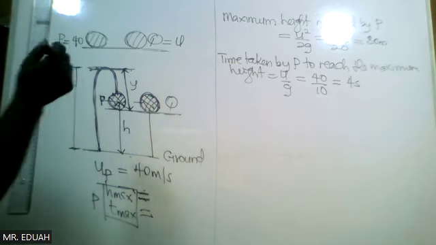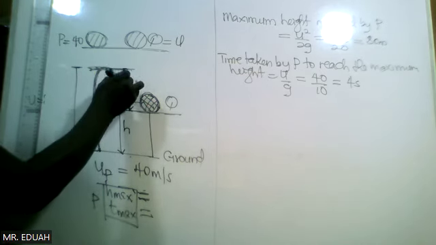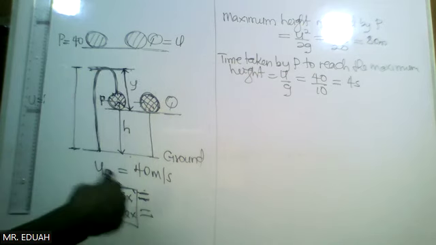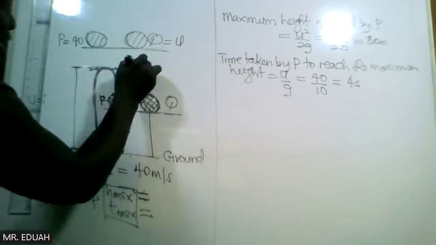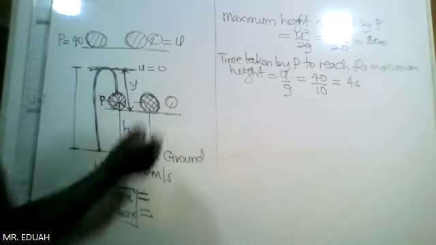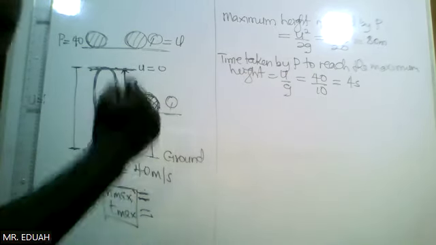Now, when P is falling back, this is free falling, and the velocity at the top is u equal to 0, because P is free falling.